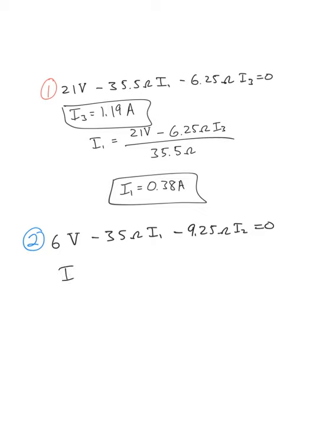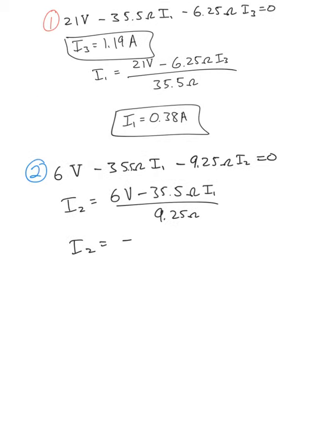When I solve this, I find that I2 looks like 6 volts, this should have a 0.5 in it, minus 35.5 ohms times I1, divided by 9.25 ohms. And I2 becomes negative 0.83 amps.